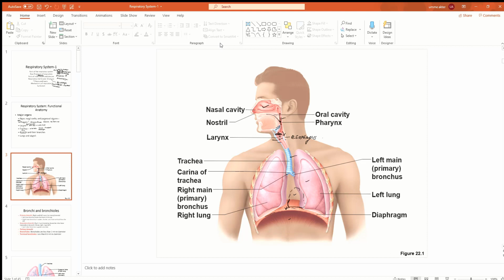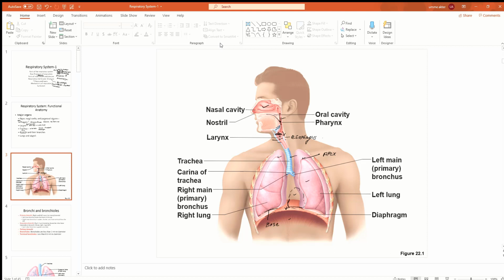So if you see the lungs, the upper end of the lung is pointed or narrow. That part is called the apex of the lung. So the upper pointed end is the apex. Okay, and the bottom wide part that rests on the diaphragm is called the base.